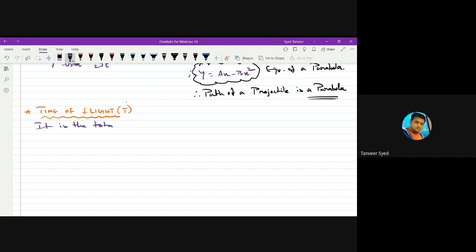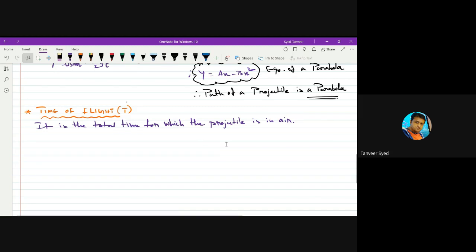It is the total time for which the projectile is in air.